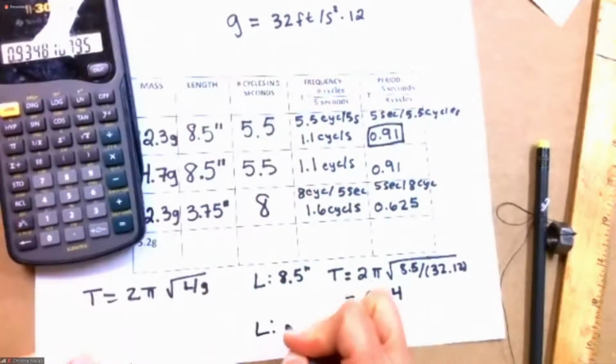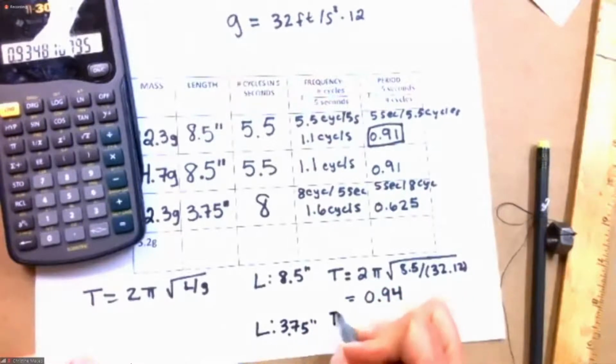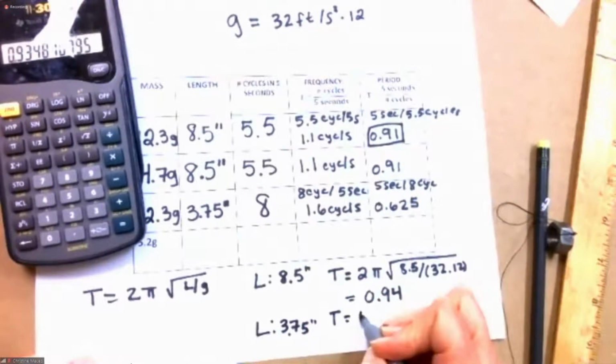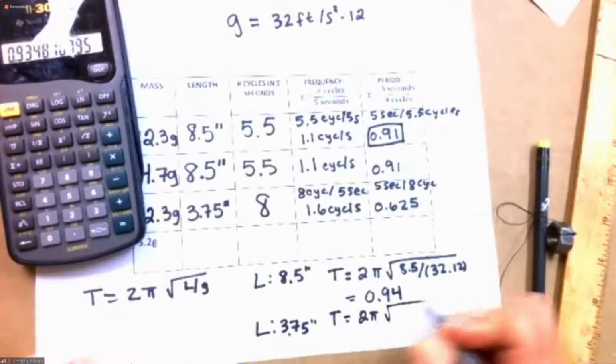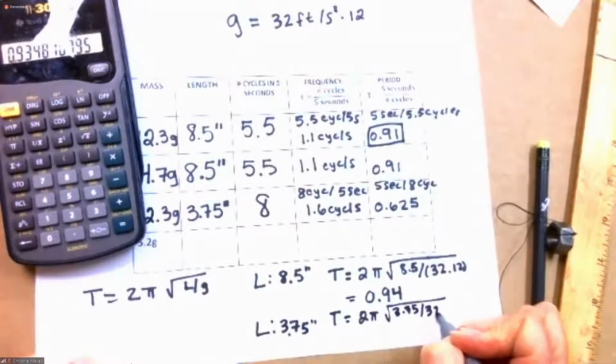When our length was 3.75 inches, we'll come over to our formula and do 2 pi times the square root of 3.75 over 32 times 12.